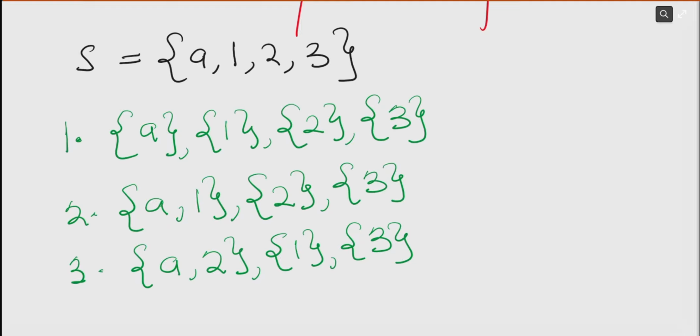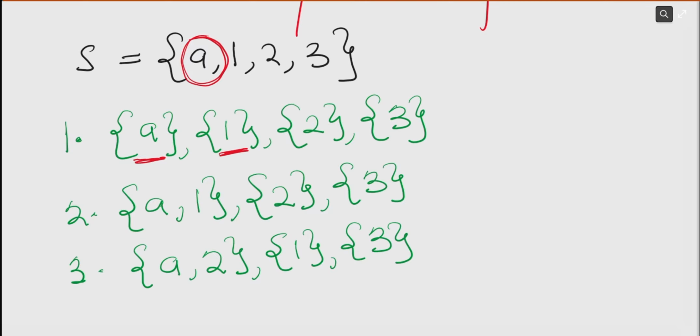Now, here is the catch. If you are writing a partition of a particular set, the moment you write the element in the set, assume that it does not exist anymore in the set, just so that you don't repeat it. For instance, after writing a, I assume that a is no longer in the set.